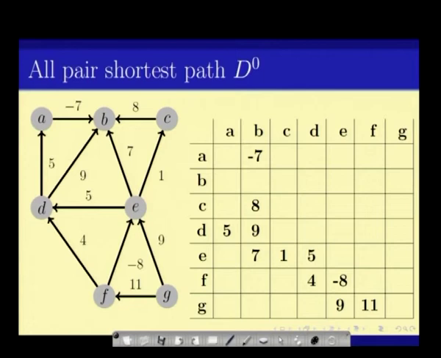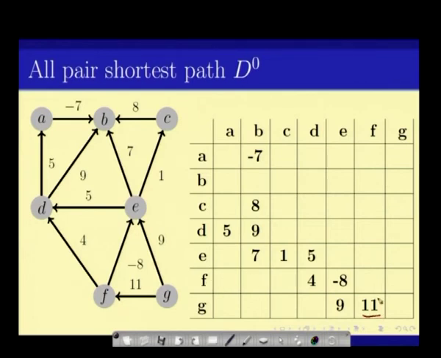Now, from these things, we can get the distance of say D1. How can we get it? Say for edge E, I am asking now what is the shortest path of length 2 from G to E. How can we do it? One obvious way is to look at the shortest path of length 1 from G to some other vertex. G to E is 9, but G to E I cannot do anything better than that, or I can go to G to F, which is 11, and then I can look at the path from F to E using one step.